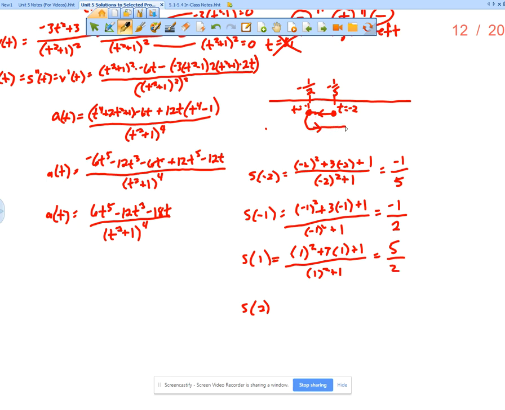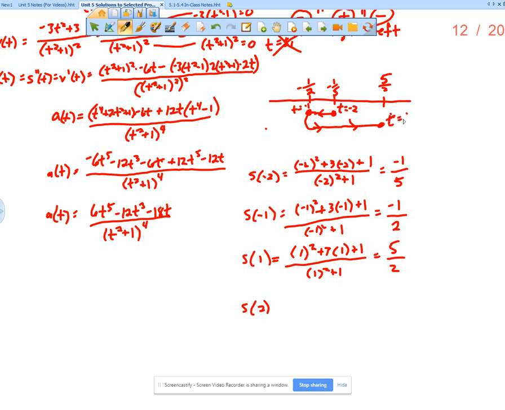So I went to the right until I got as far right as 5/2. Okay, so that's a pretty easy question. If I'm at negative 1/2 and I went to positive 5/2, of course I went to the right. All right, and so that's at t equals 1.